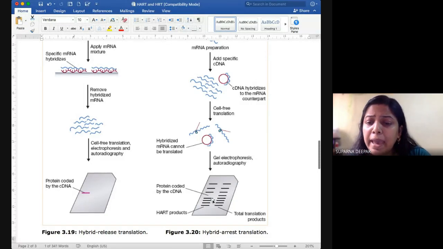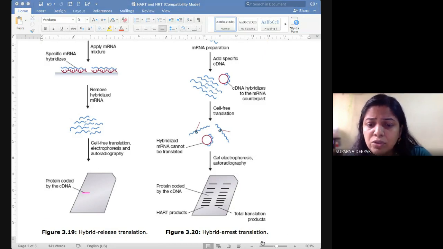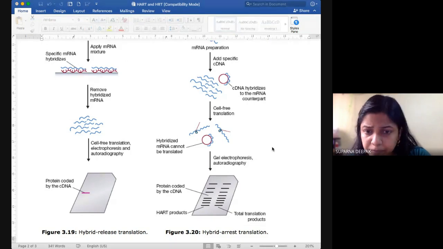Now compare both banding patterns. Here you will be able to see that this particular band is missing from here. All the other bands are there, but this particular band which you can see in the total translation product is missing from the HART lane.